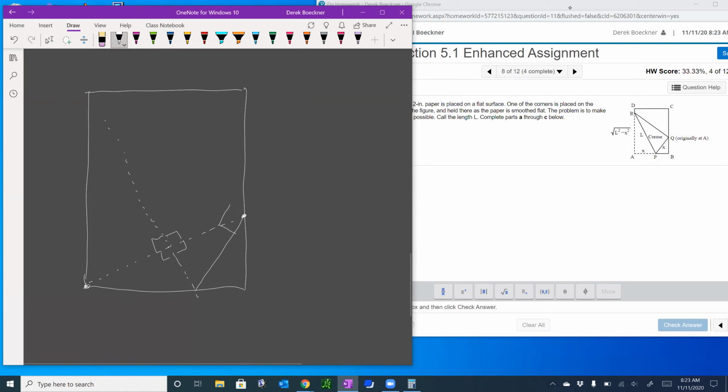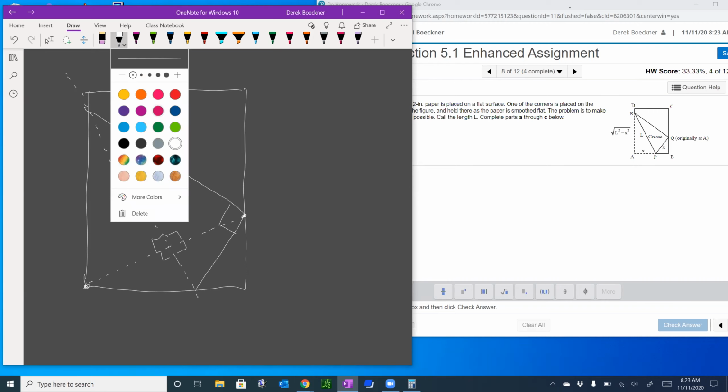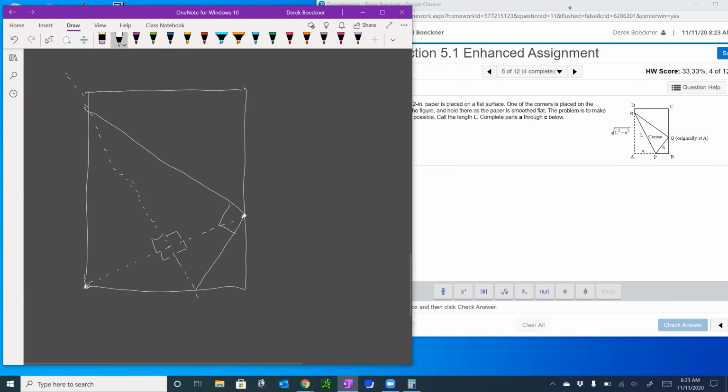Let me make sure that we see that this might not be through the top corner. Okay, so that's the picture we've got. Actually make that more solid because we folded that paper.